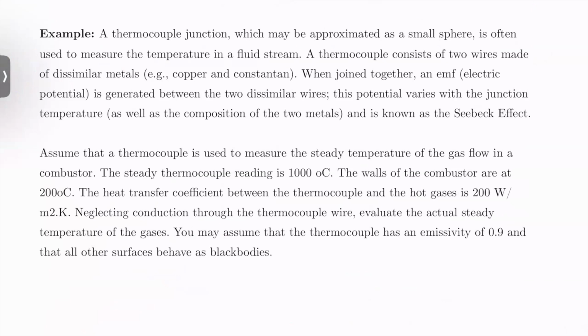A thermocouple consists of two wires made of dissimilar materials, for example copper and constantan. When they're joined together, an EMF, or electric potential, is generated between those two dissimilar wires, and the potential varies with the junction temperature. This is known as the Seebeck effect.